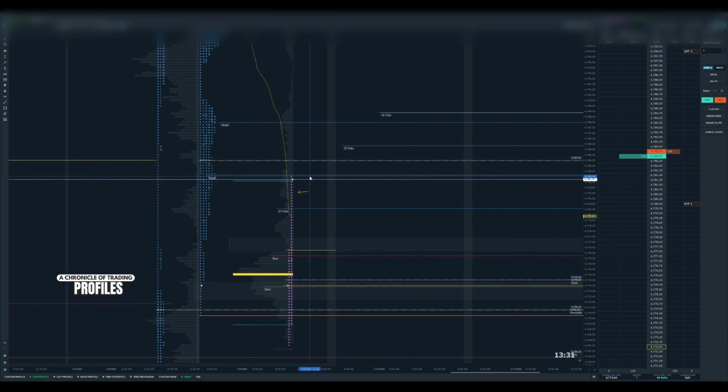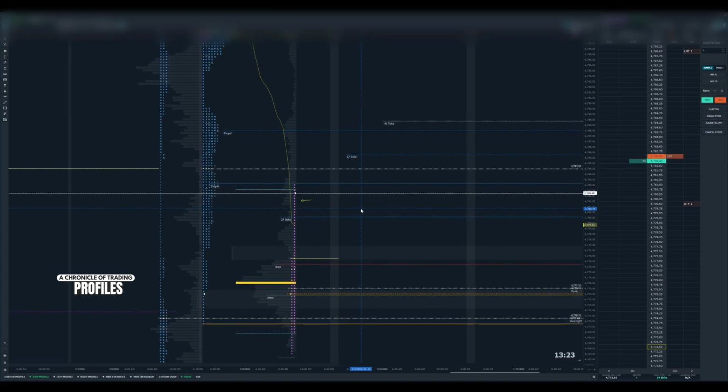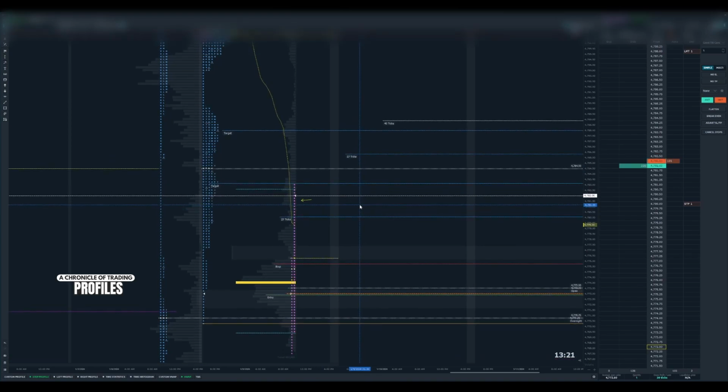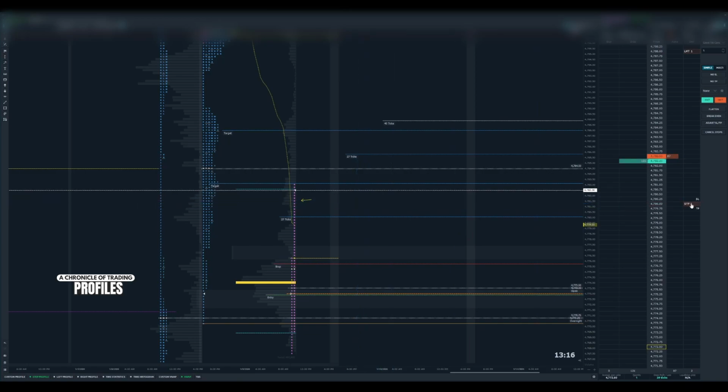Right to that 83 target. There's 40 ticks.